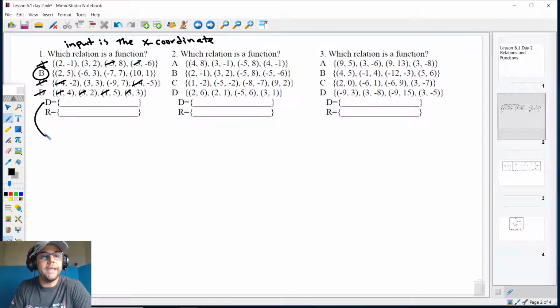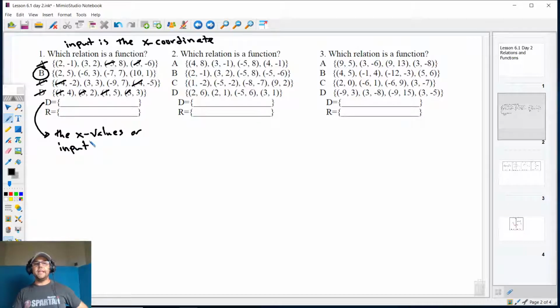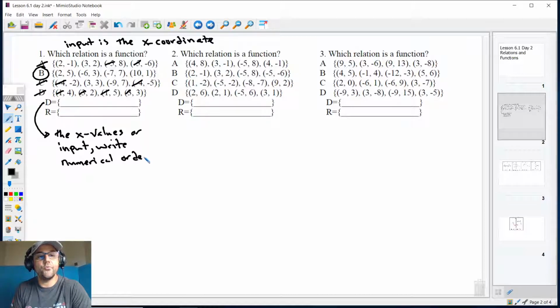So the domain is the x values or input. But in order to actually have the domain, we're going to ask you to put it in numerical order. Numerical order, again, is least to greatest. And that is called the domain.